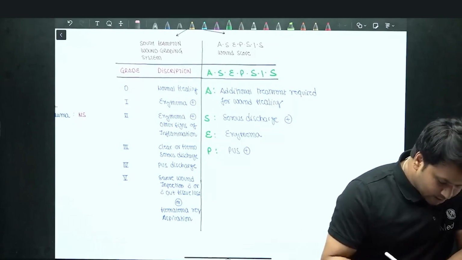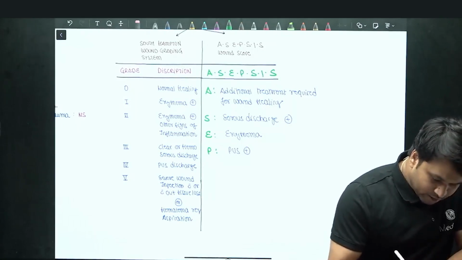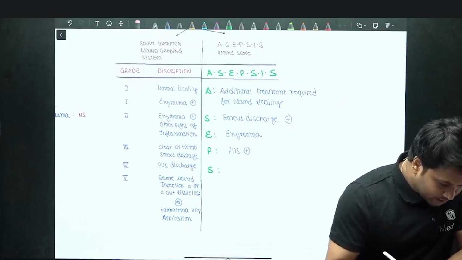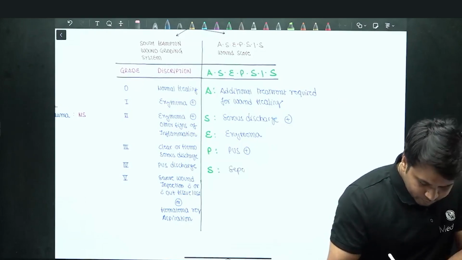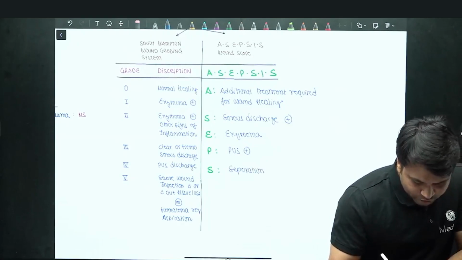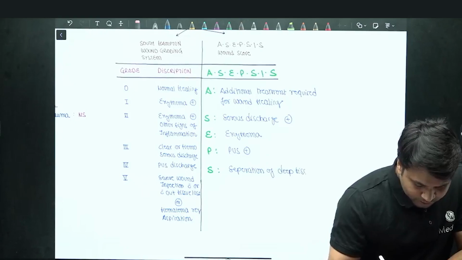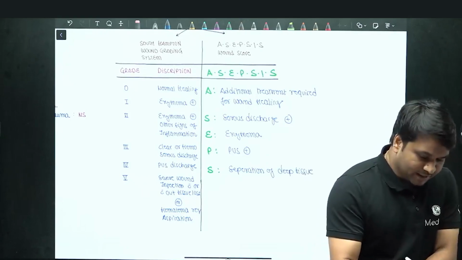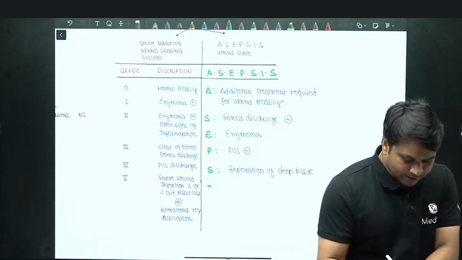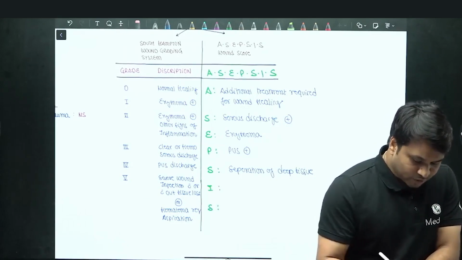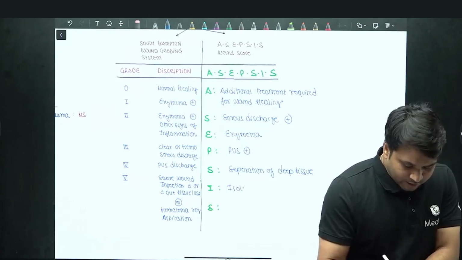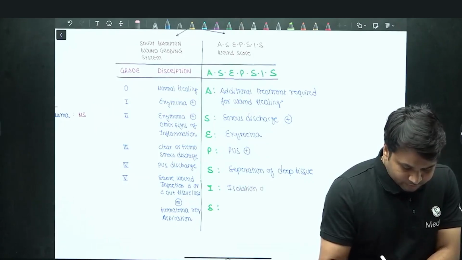Another S stands for separation of deep tissue. If there is separation of deep tissue, the wound infection is deeper. I stands for cultured organism, that is isolation of organism, and last S is stay in hospital.